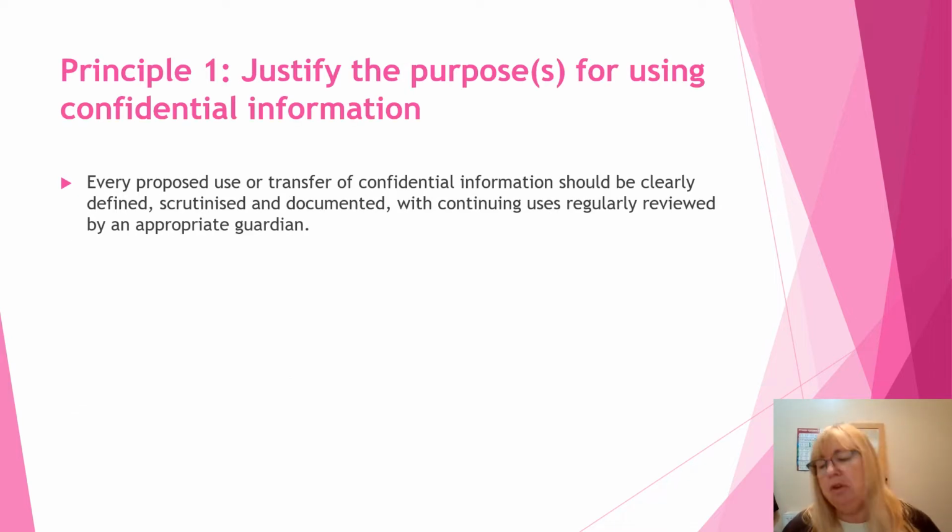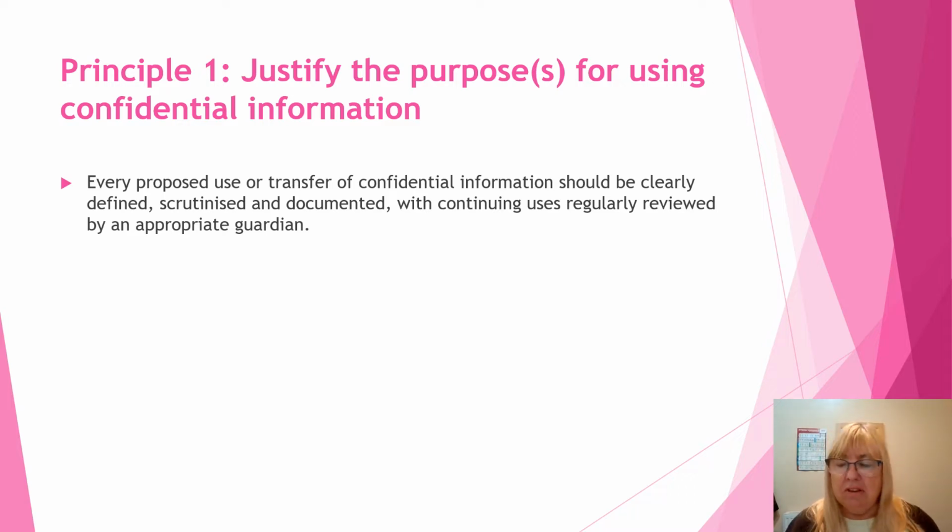So I'm going to talk through each principle just so that you're aware of it. So principle 1 is to justify the purpose. So why are you keeping this confidential information? You need to scrutinize and be really clear why that piece of information is there, and that it is only there because it's needed.